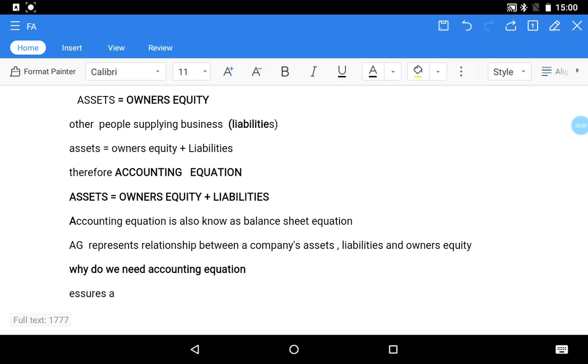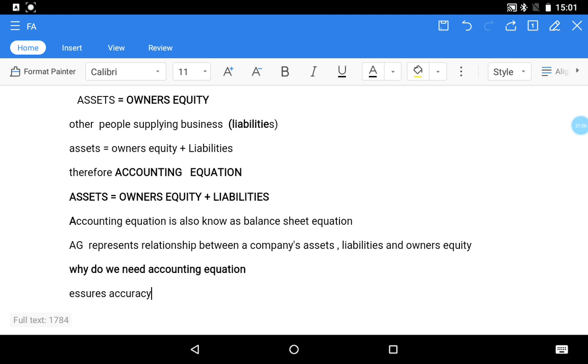It ensures accuracy. Of course, when you prepare the accounting equation in your business, it can be daily, it can be weekly, it can be monthly. Every time, if you get things which are not balancing, maybe there's some problem.